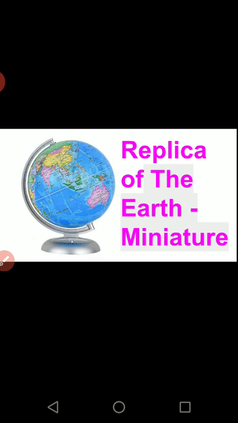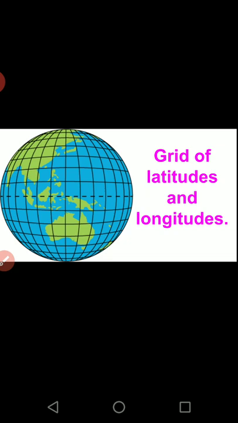So globe is also a miniature of the earth. So how is this globe made up? First of all, we have made imaginary lines on the earth surface or on a globe actually. This is called the grid of latitudes and longitudes.